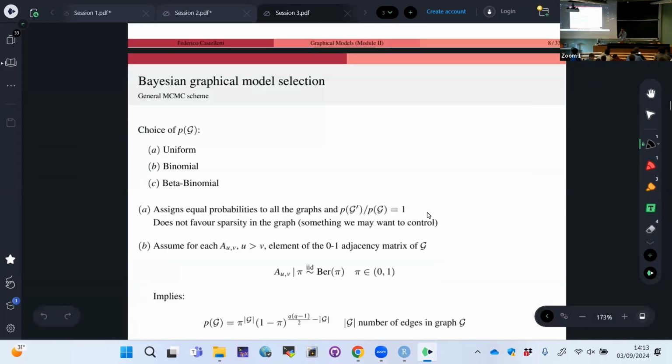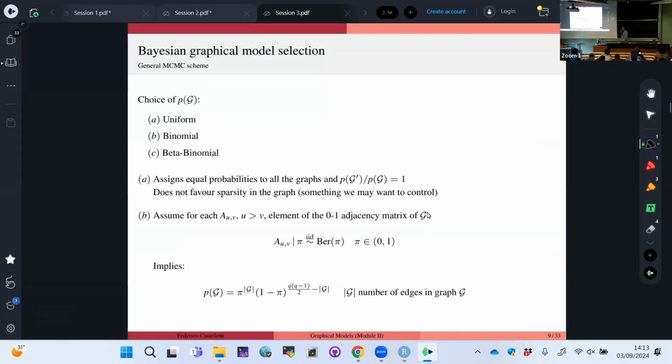Now, before moving to the marginal likelihood computation, let me just mention possible choices for a prior on a graph. There are several different possible choices. Here I mention three possible choices. The first one is the easiest one.